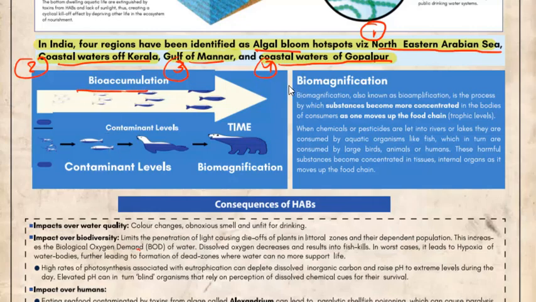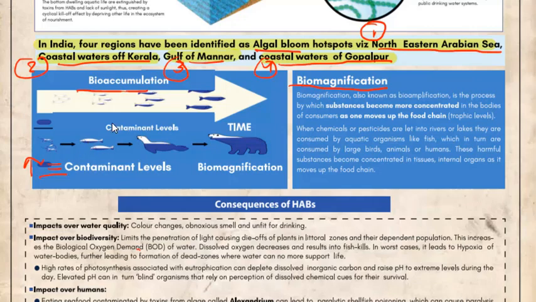This is actually trying to give the difference between biomagnification and bioaccumulation. What is the biomagnification term? When we move to the upper trophic level, the amount of contaminants increases in the upper trophic level.